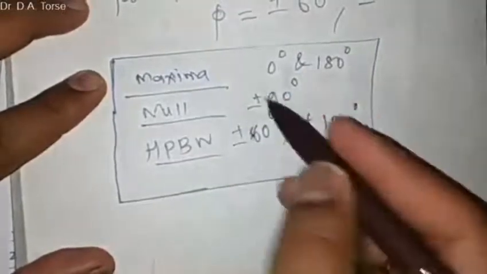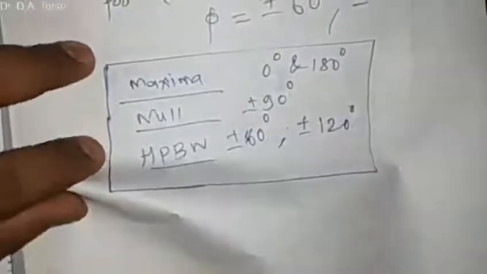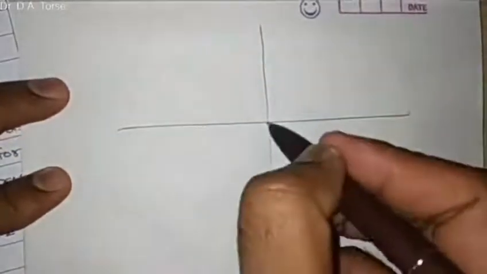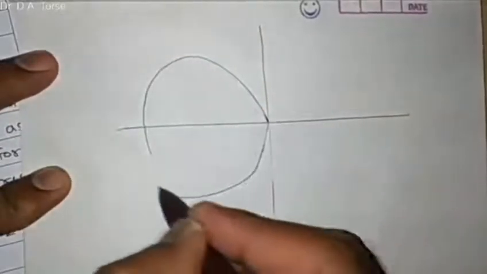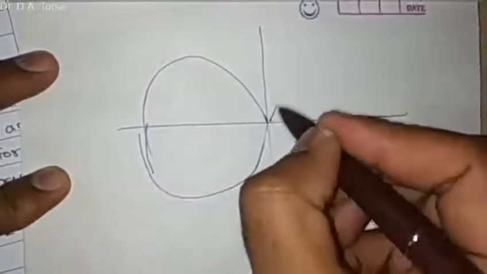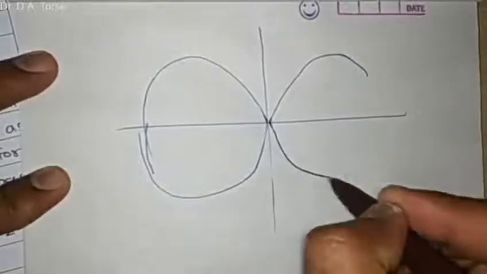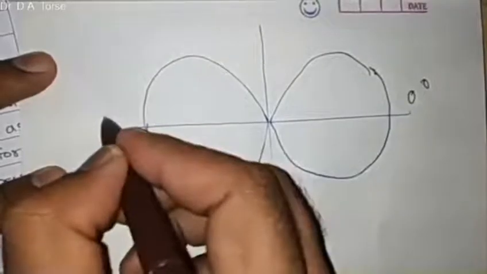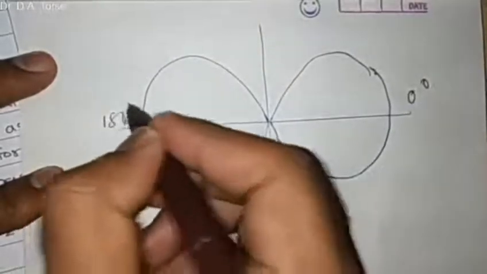So with the knowledge of these values, we can plot the radiation pattern for this array of point sources, and the radiation pattern looks like a pattern with broader major lobes, and the maxima values are in 0 and 180 degree direction.